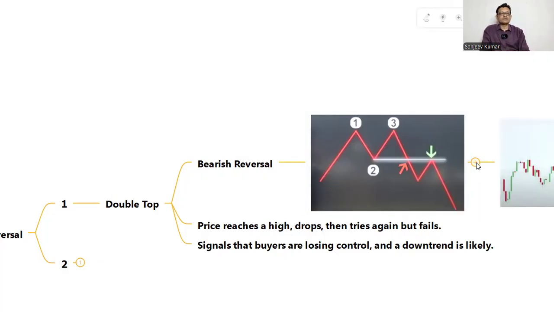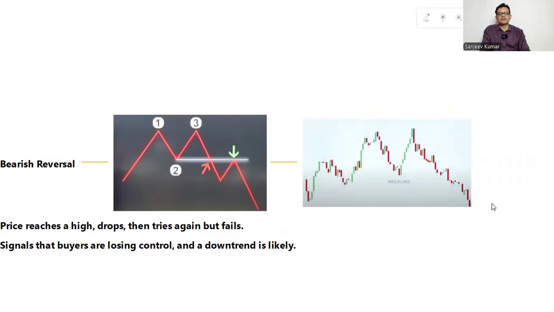You can see in chart as well. Chart will look like this one. This one is first top, second top. This is the neckline, and this candle breaks it. Just one thing I want to mention here. When this candle forms, the volume of this candle will be big.